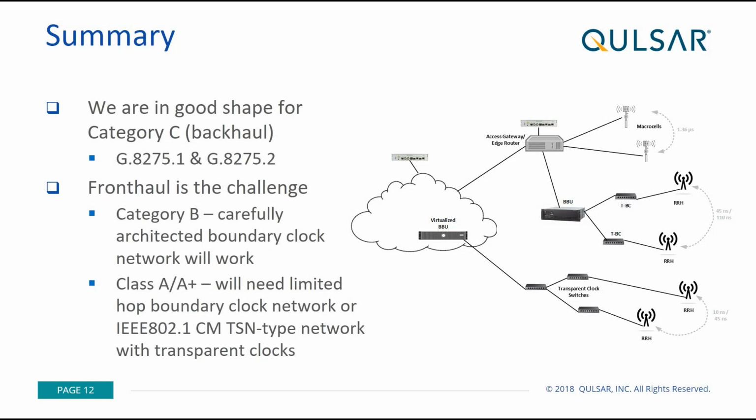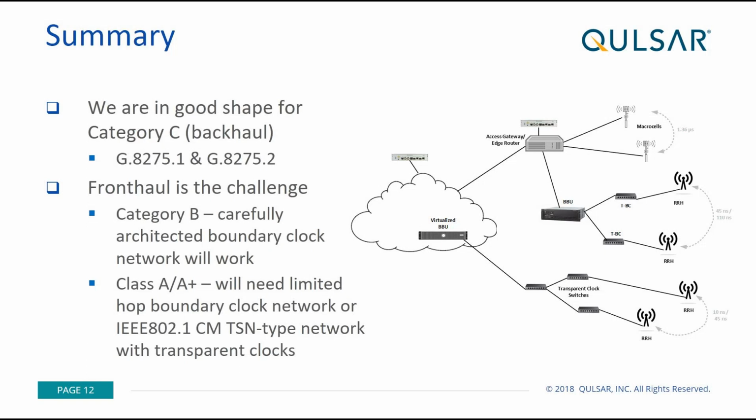At the network level, it will require further enhancement of boundary clock capabilities and limiting the network to maybe 2 or 3 hops maximum, or indeed the implementation of a different type of network, such as a time-sensitive network, which uses 1588 transparent clocks, which are almost a competing technology to boundary clocks, and something we won't cover in more detail in this presentation, but we'll include in a future presentation.